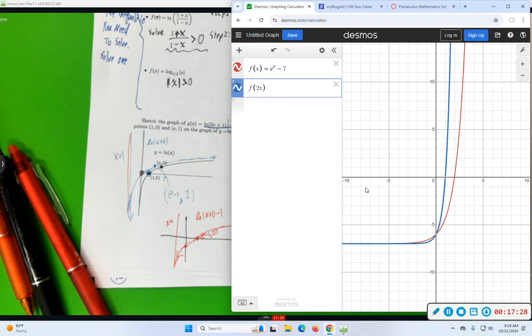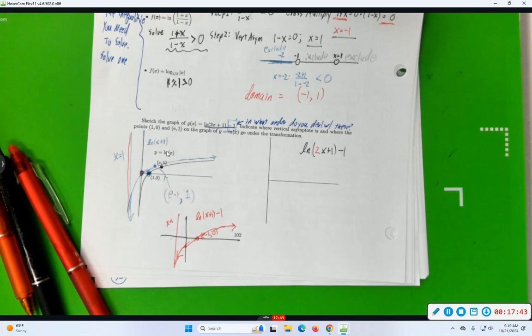Has it become horizontally compressed or horizontally stretched when I did that? Compressed. Everything's gotten closer to the vertical axis. So we need to do the same thing here. All of the x values will get divided by 2 when I do this.